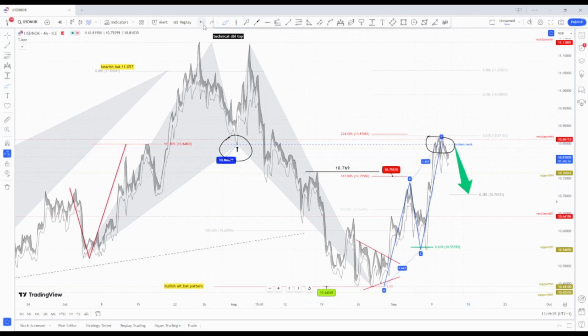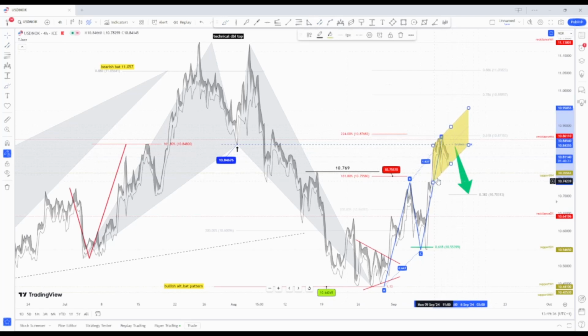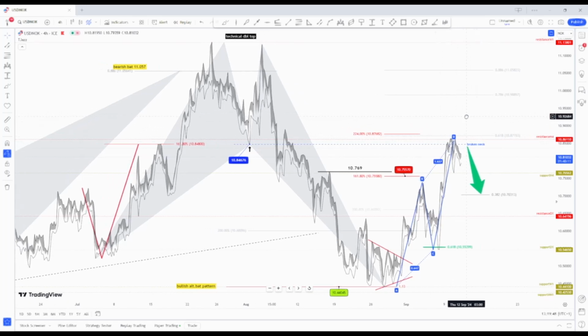So I assume the market may face a pullback, without ignoring the possibility of a bounce from this price zone and starting to unfold into what we may call later a three drives pattern, a new higher high, just to complete that sequence, and then eventually a deeper pullback. That's one of the possibilities from these levels, but I do expect a retracement at some point towards the 38% Fibonacci level.